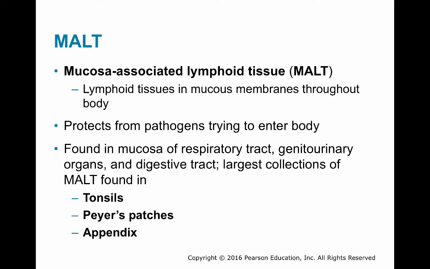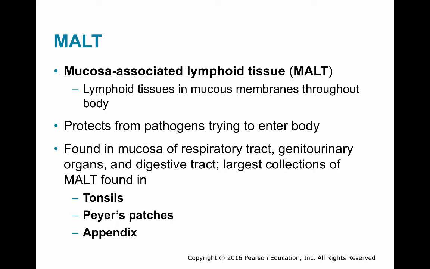Now we have MALT, which is mucosa-associated lymphoid tissue. MALT is tissue that's found in the mucosal membranes throughout the body, and it helps to protect from pathogens trying to enter the body.